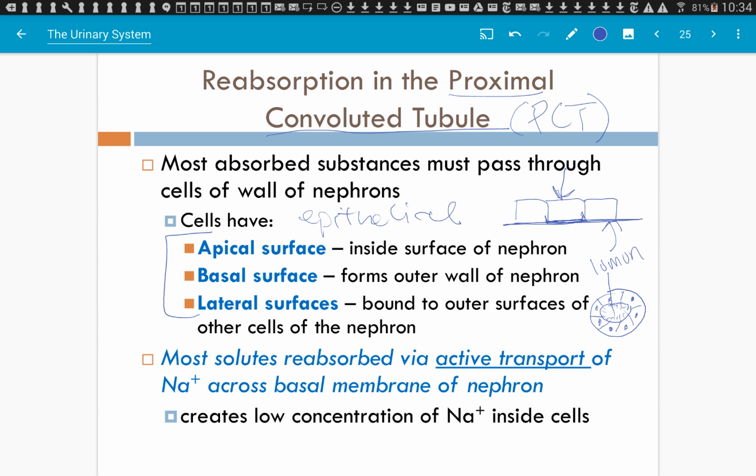So most are absorbed by active transport of sodium across the basal membrane, pumping sodium ions actively across this membrane out of the nephron. Okay? And so by doing that, you end up having a lower concentration of sodium inside the cells. And where that concentration is higher or lower plays a really important role in how we concentrate our urine.